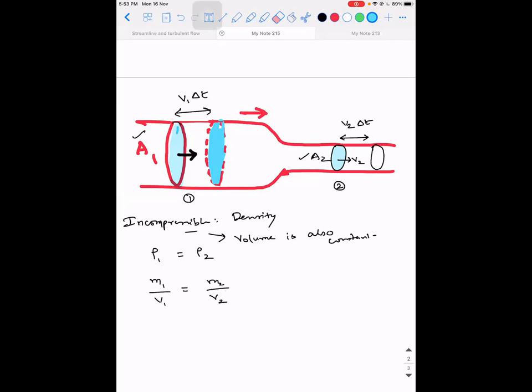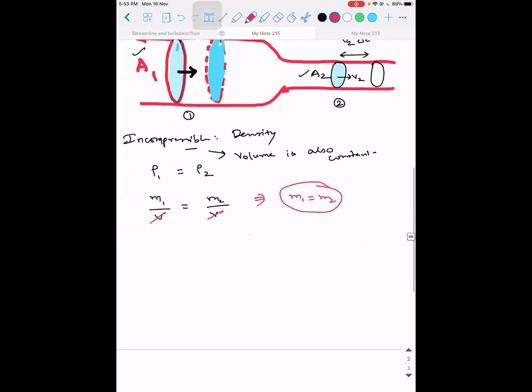It would be V alone, sir, not V1. It is V alone. There is no V1 and V2, right? So V will get cancelled. From this, we can say M1 is equal to M2. So this is nothing but mass at point 1 is equal to mass at point 2.